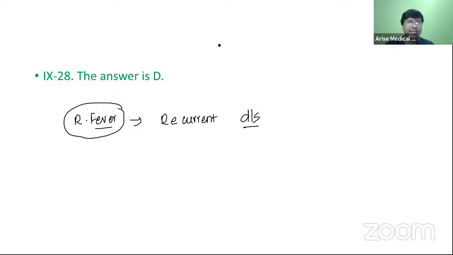So in order to reduce the recurrence, you need to give the injection benzathine penicillin.